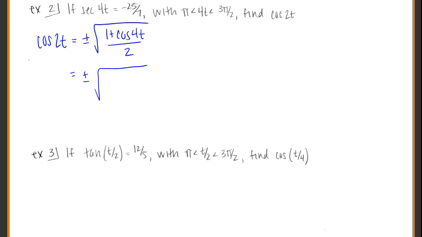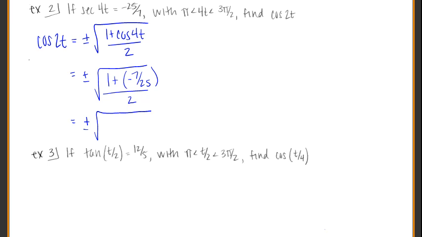They're reciprocals. So it's going to be 1 plus, and then the reciprocal of 25/7 is a negative 7/25, all over 2. So that's kind of nice. We finally didn't have to do side work. It's about time, right?